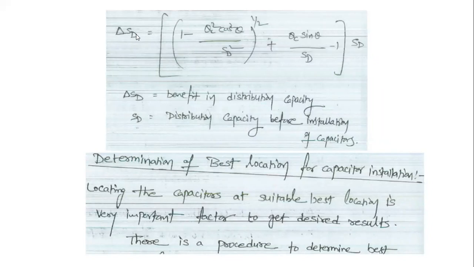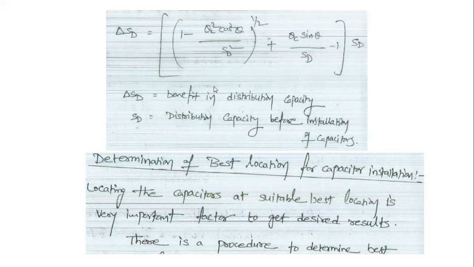Next, what is the formula for the distribution capacity? Here ST is replaced with SD. Delta SD is the benefit in the distribution capacity. Delta SD is equal to 1 minus QC square cos square theta by SD square, whole power 1 by 2, plus QC sin theta by SD, minus 1, into SD.